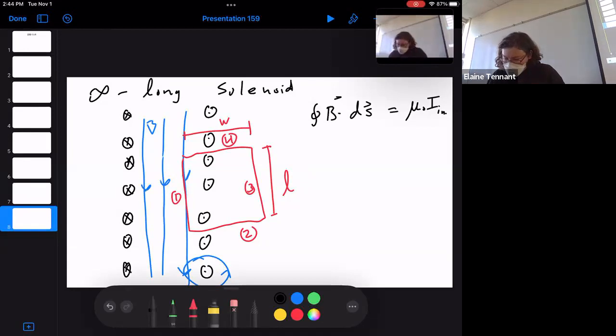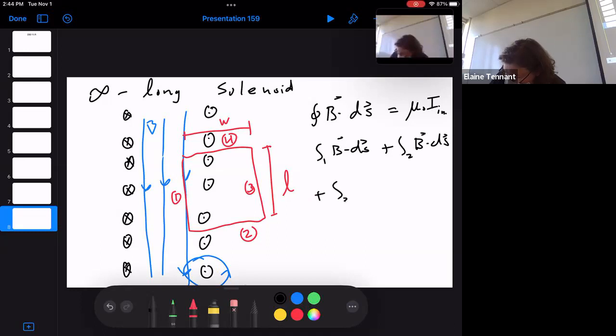And let's look at this B dot ds because we're going to break it into 4 groups. We're going to go along 1, then 2, then 3, and then 4. Okay.